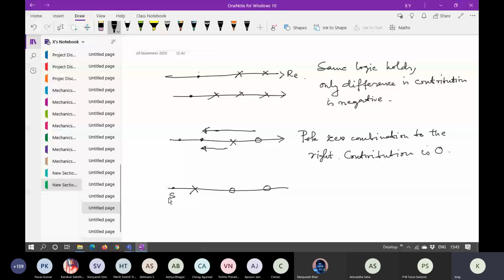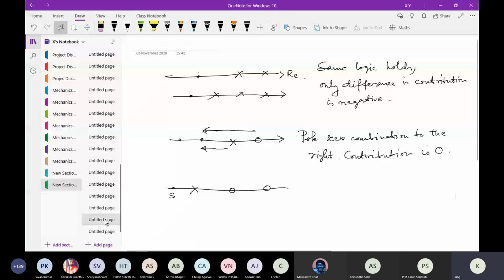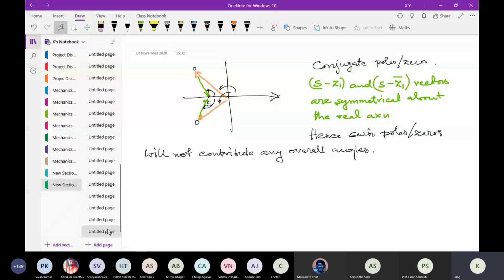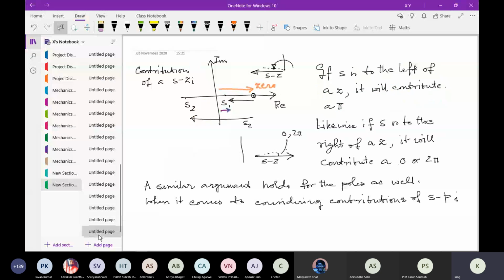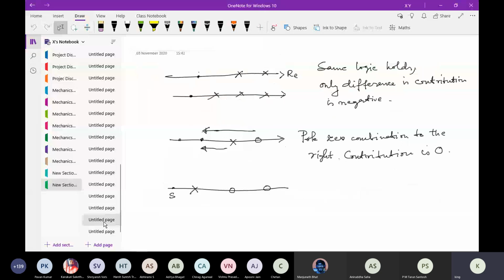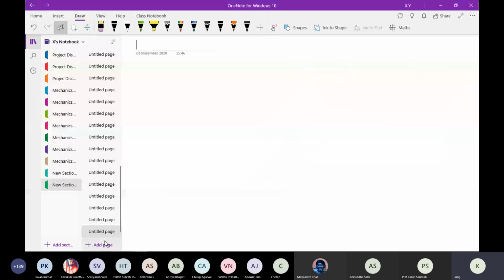So this is another simple conclusion that we can draw without even racking our heads with too much complicated theory. So this is the rule that we have.